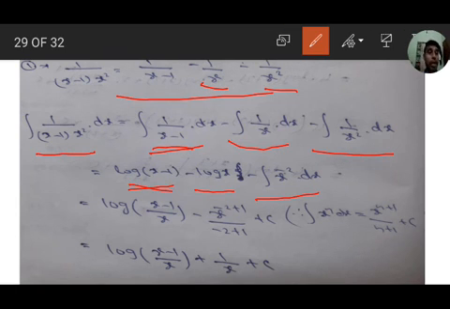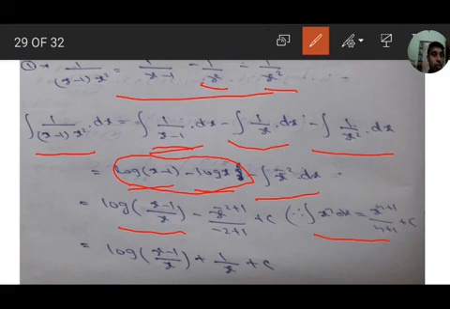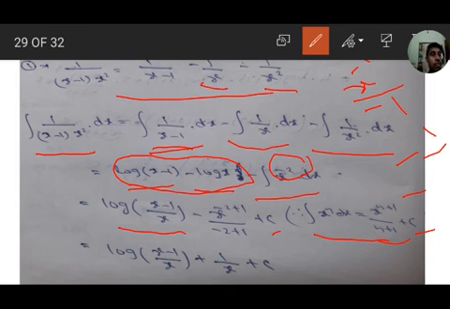So log a minus log b, first two terms log of x minus 1 by x, and here integration formula x to the power of n dx is x to the power of n plus 1 by n plus 1 plus c, where n equal to minus 2. So x to the power of minus 2 plus 1 by minus 2 plus 1 plus c. Minus 2 plus 1 means minus 1 by minus 1, so minus 1 by x.